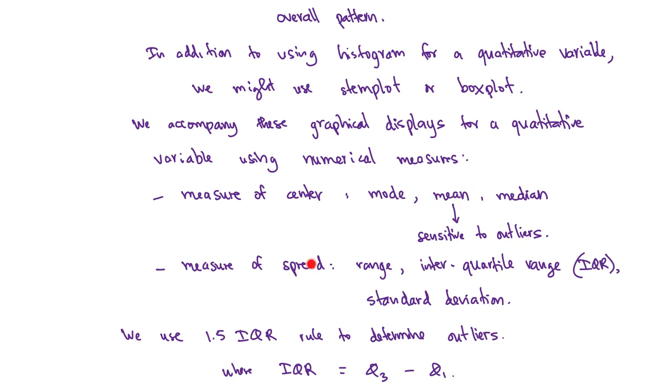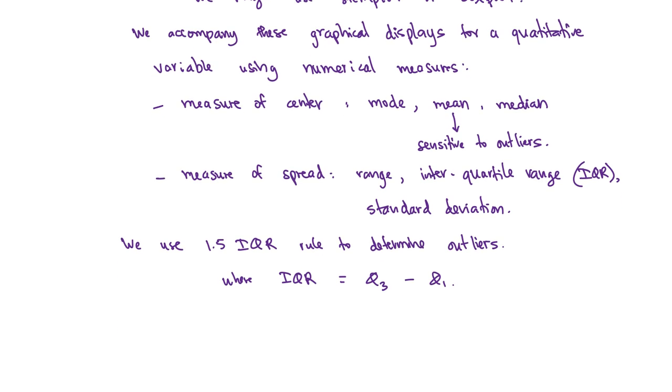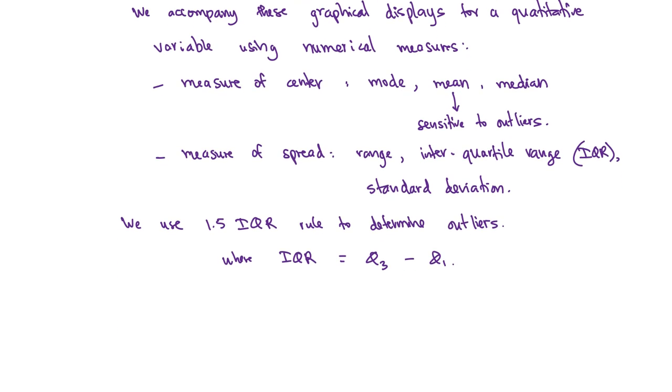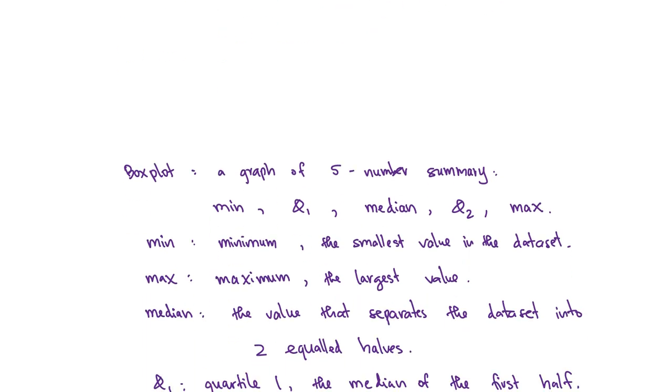The measures of the spread are the range, the interquartile range, IQR, and the standard deviation. We will use the 1.5 IQR rule to determine any outliers, where the IQR is the interquartile range. It is computed as the difference between quartile 3 and quartile 1, Q3 minus Q1.